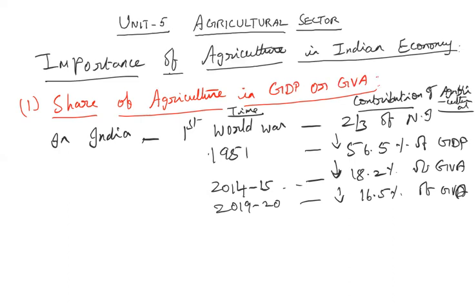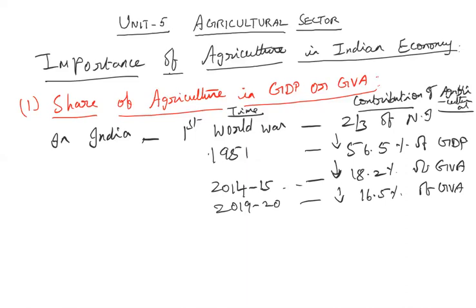you might be thinking that the share of agriculture is dwindling. Why are we saying agriculture is important? There are two things. One is, the share is decreasing percentage wise mainly because of the development made in the other sectors.